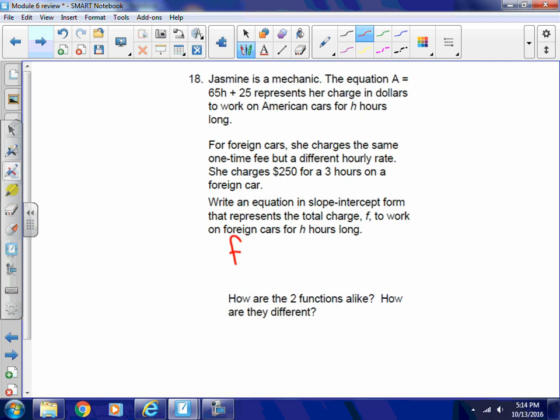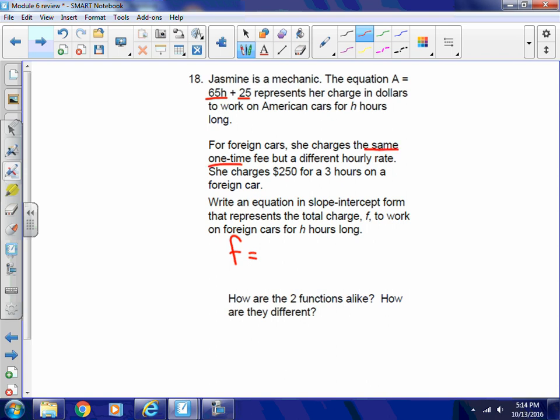So the total charge for foreign cars is equal to, and we want slope-intercept form, we've got to go back to the information given about American cars. American cars is $65 per hour plus $25 just to get started without working any hours. Notice for foreign cars, she charges the same one-time fee.